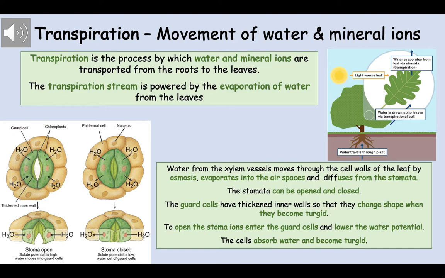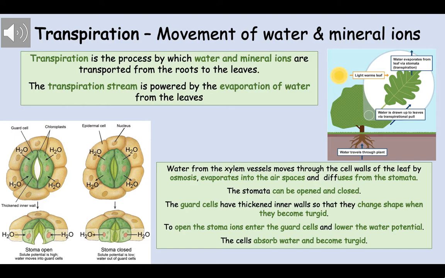So if we look at the diagram on the bottom left, the left-hand stomata, or stoma with the guard cells, you can see that water is going into the guard cells. So what this means is that there is excess water in the plant. If there is enough water to be going into the guard cells via osmosis, that means the plant has enough or too much water. So that means it wants to get rid of some.